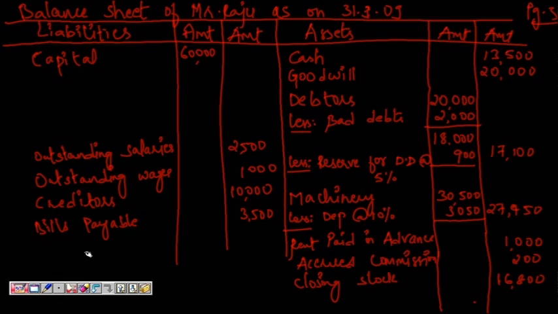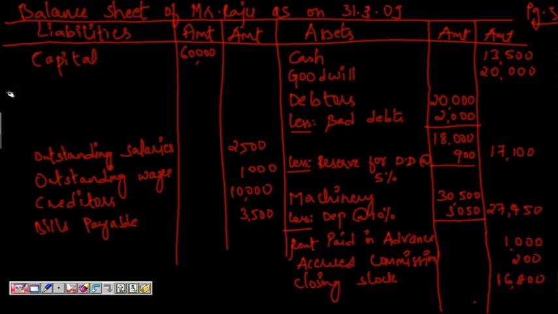Next, you have posted write-off bad debts, you have subtracted reserve for doubtful debts, you have posted outstanding wages, depreciation of machinery you have posted, and interest on capital is there. So where's capital? Capital we have written on the liability side. The owner's investment in the business is called capital.